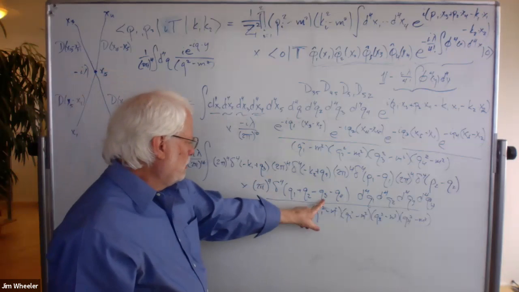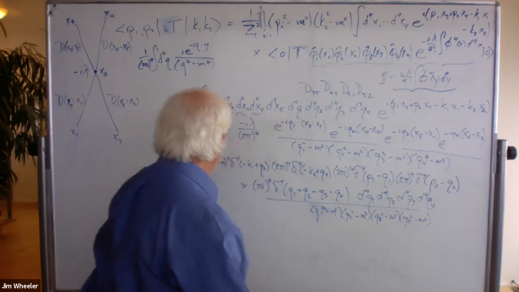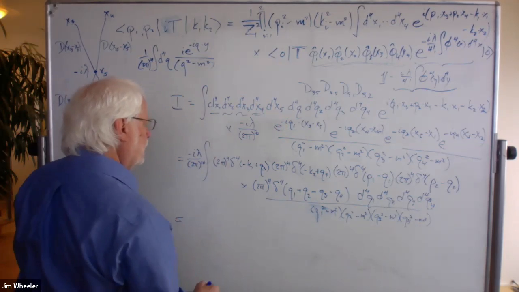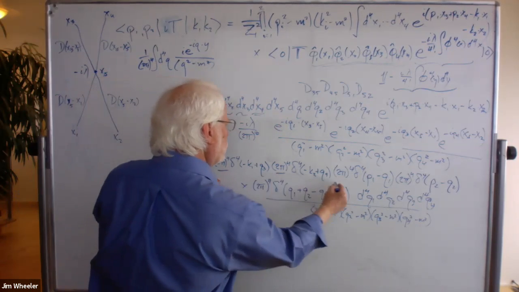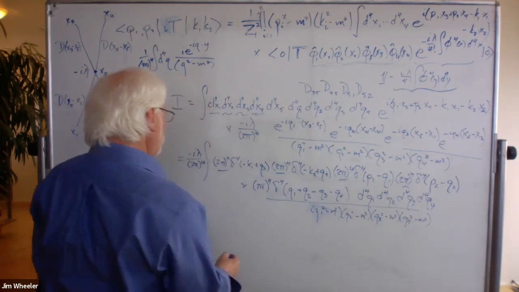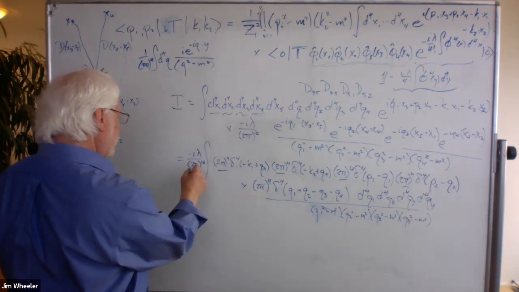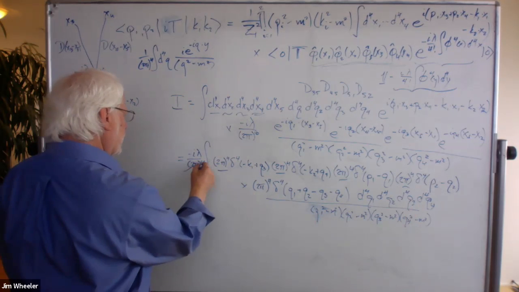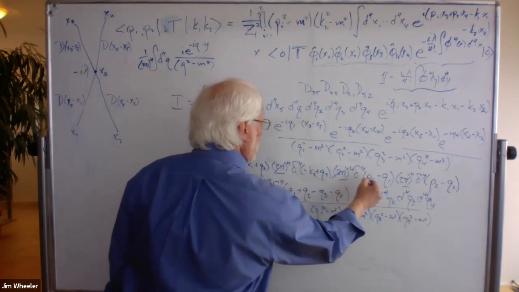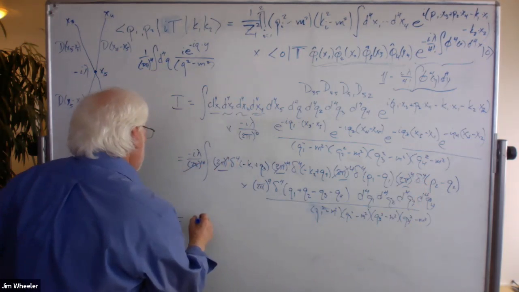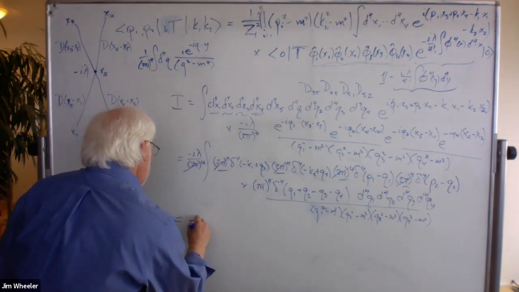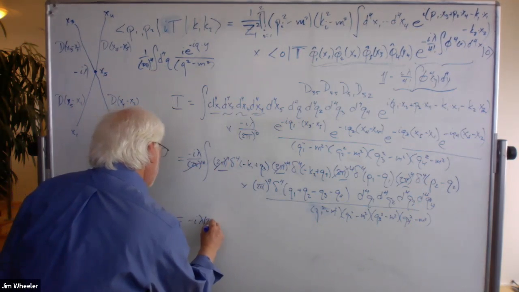We have to remember to do it here as well as here. So let's see, we also have 1, 2, 3, 4, 5 factors of 2 pi. So I can cancel 4 of those and leave 1. So minus i lambda 2 pi to the 4th.